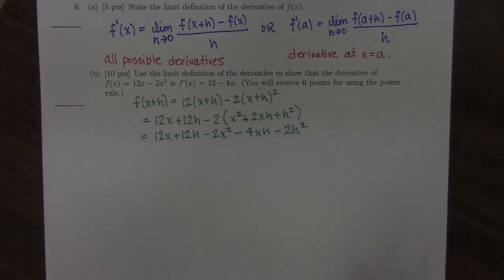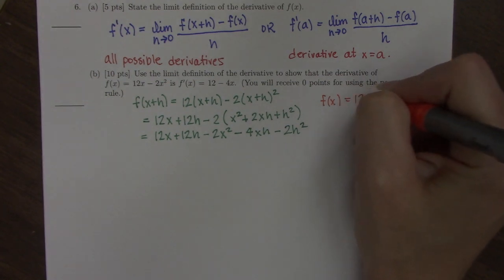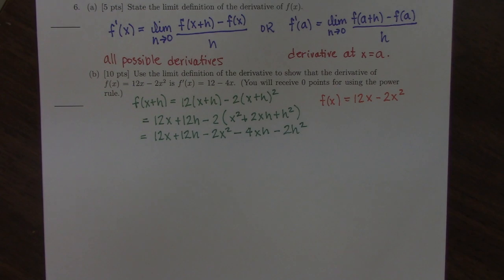My function f of x is just 12x minus 2x squared. So now I'm ready to build my limit.